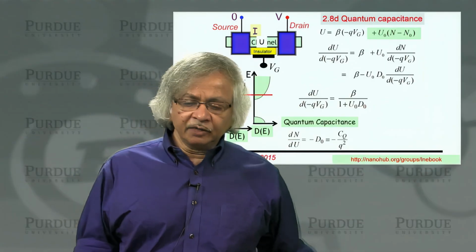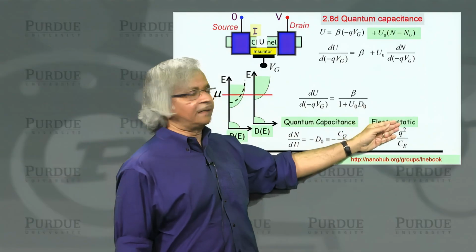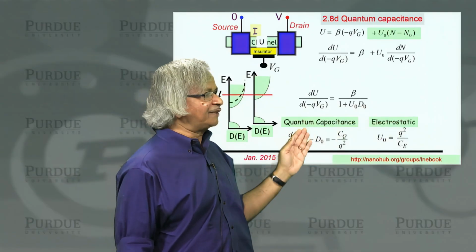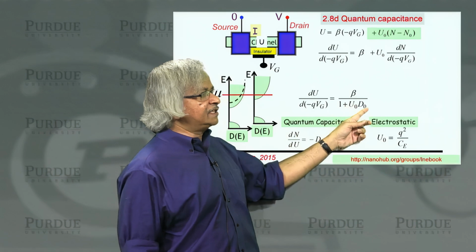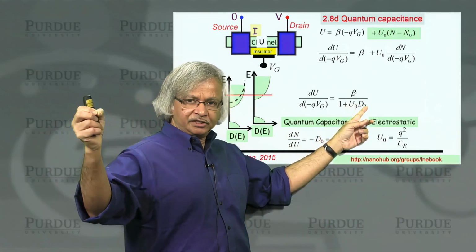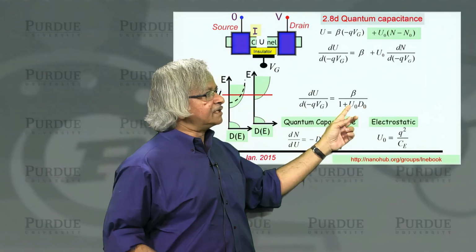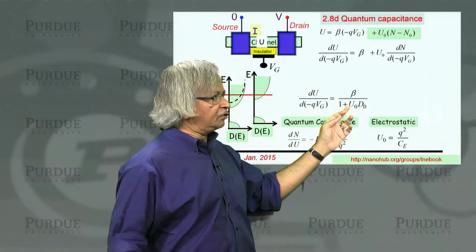Now, another way to write it is to introduce something we'll call the electrostatic capacitance, to distinguish it from the quantum capacitance. That is, you see, D0 is density of states. It's states per unit energy, per electron volt. Whereas U0 is energy dimensions, like electron volts.